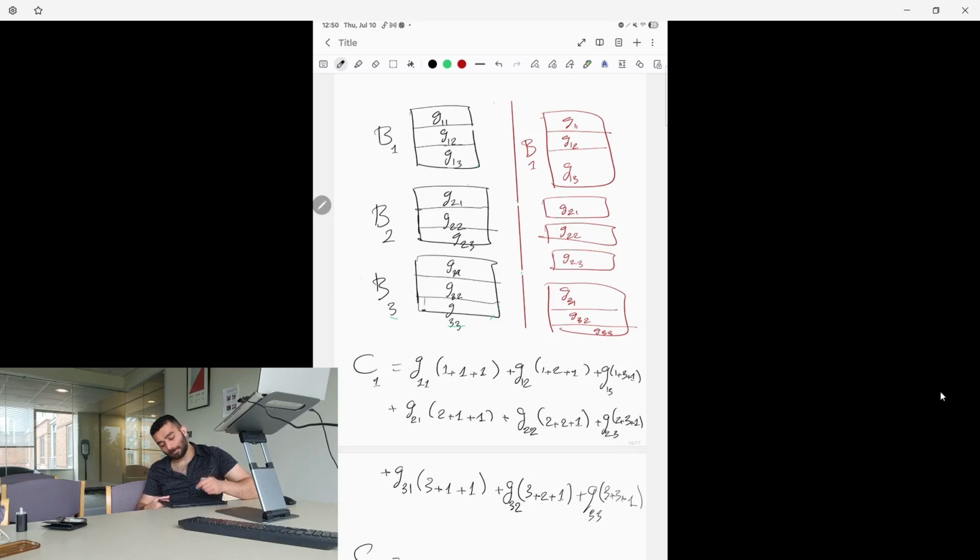Yeah, so that's it. We cannot merge k plus 1 and k.